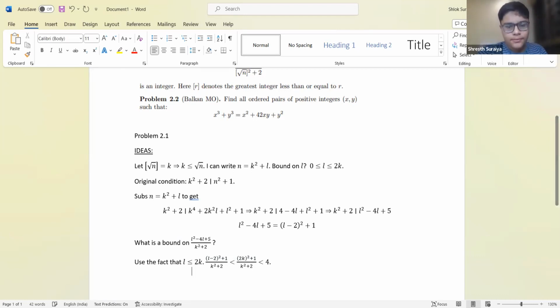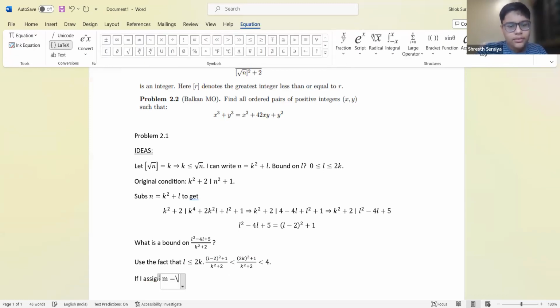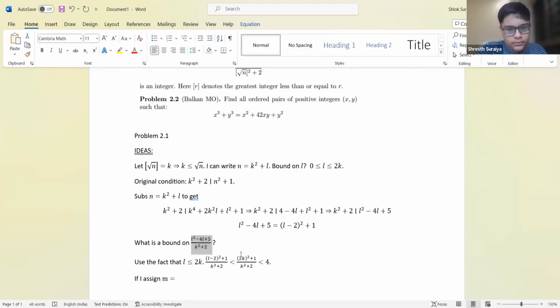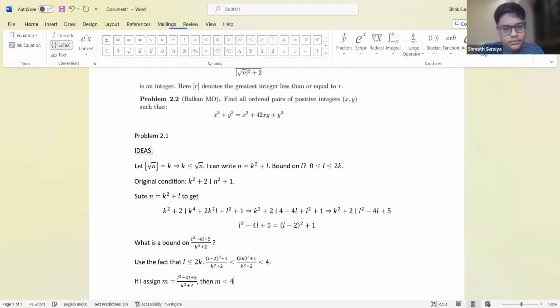So if I assign a variable m equal to the fraction, then m is less than 4.